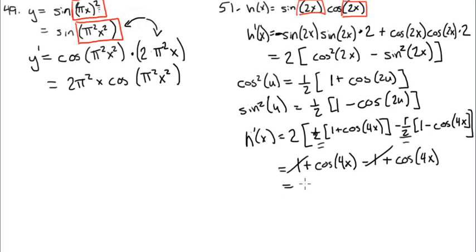I have 2 of these cosine of 4x's, so that's 2 times the cosine of 4x. And that is what my derivative with respect to x is equal to. Okay, and that's what you should get in the back of the book. So that was 49 and 51 from section 2.4.